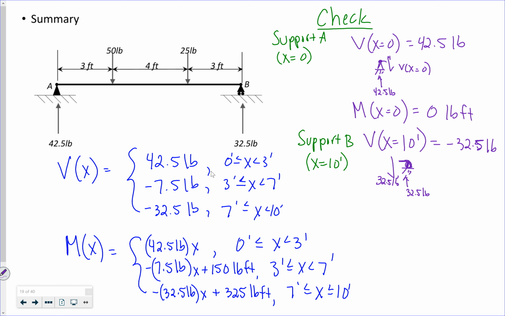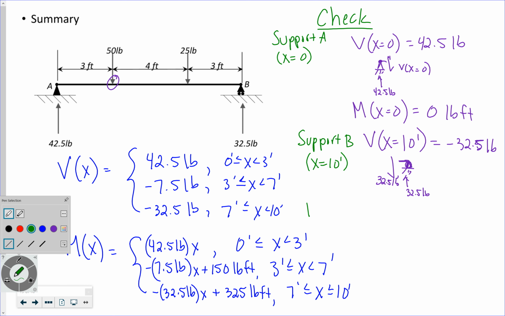That's the easiest check to do. I could also look at a discontinuity, like x equal to 3. That's where I had to make a break.